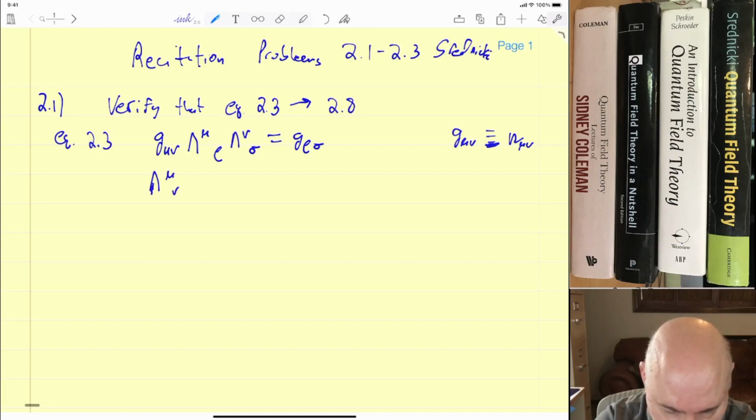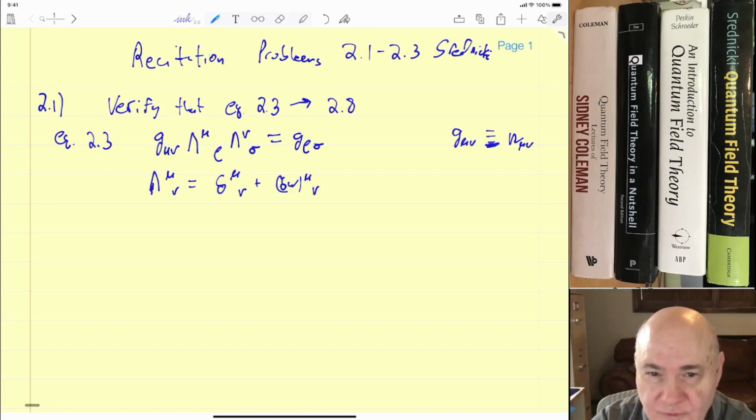And we know for an infinitesimal Lorentz transformation, lambda mu nu is equal to delta mu nu plus delta omega mu nu. Now delta mu nu is just the identity matrix or the Kronecker delta. It's equal to 1 when mu and nu are the same indices and 0 when they're different. And I put parentheses around delta omega.